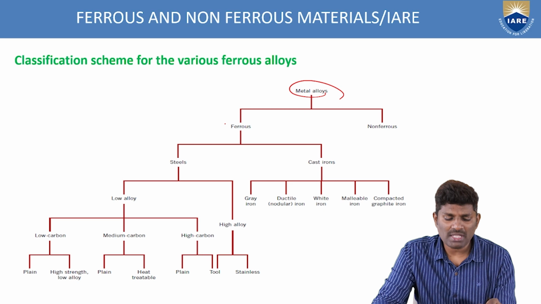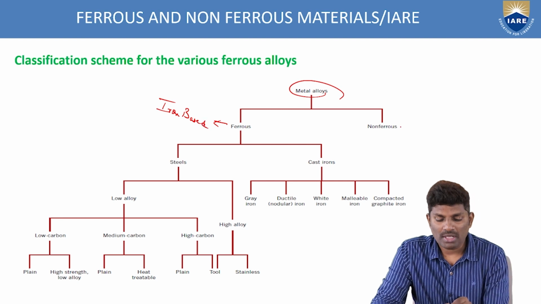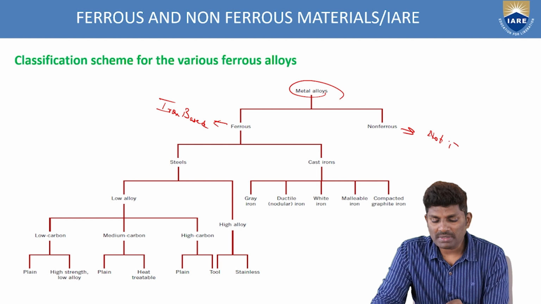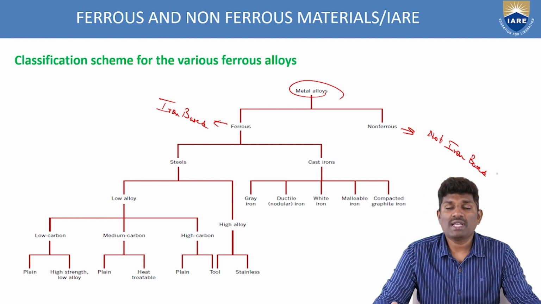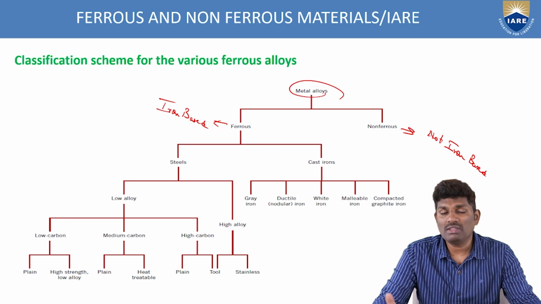Ferrous means iron based, and non-ferrous means not iron based. The alloys which are iron based are called ferrous, and those which are not iron based are called non-ferrous materials.